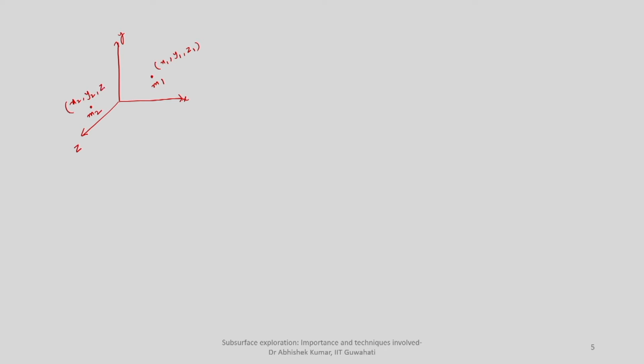So, the force of attraction between mass m1 and m2 can be given by F equals G times m1 m2 over r square, where r is the distance between m1 and m2.